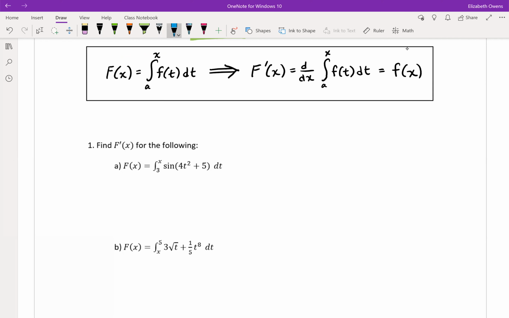We have an integral, we have a constant on the bottom, that's the a value, it's 3. We've got plain old x on top, that's good. We need that. So this inside of here must correspond to f of t. And it does. This is f of t equals the sine of 4t squared plus 5.